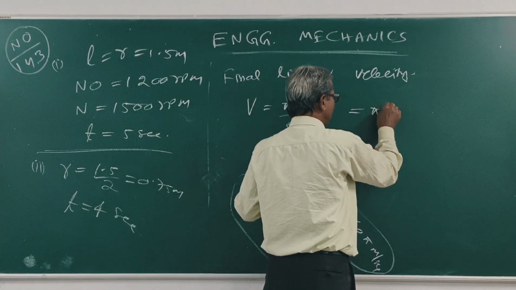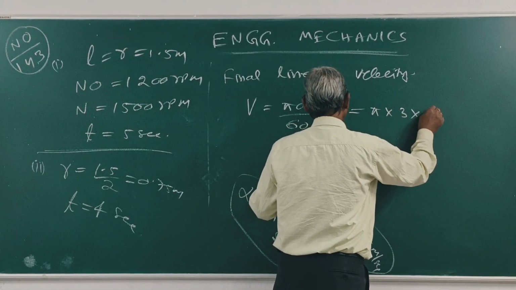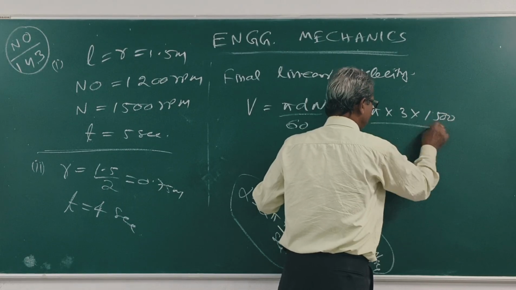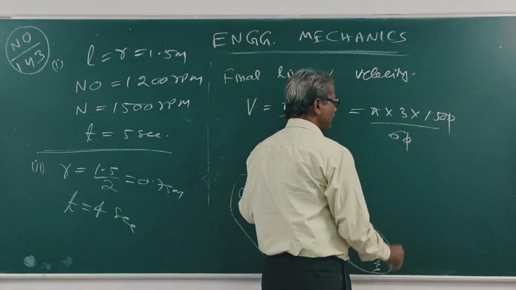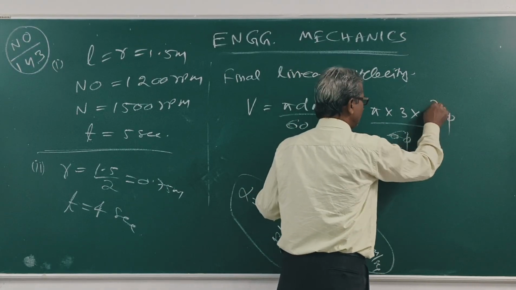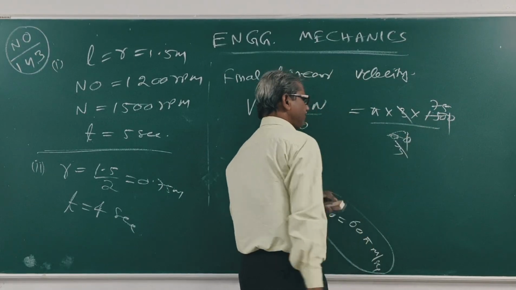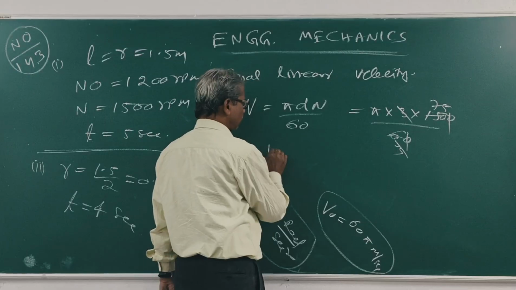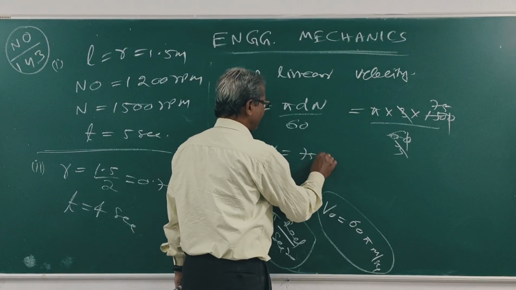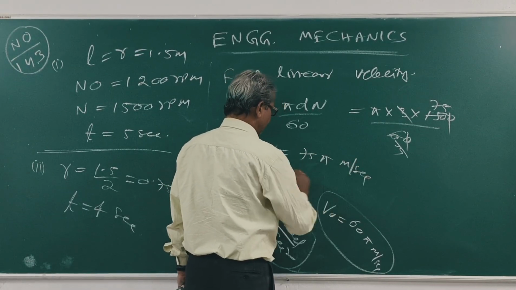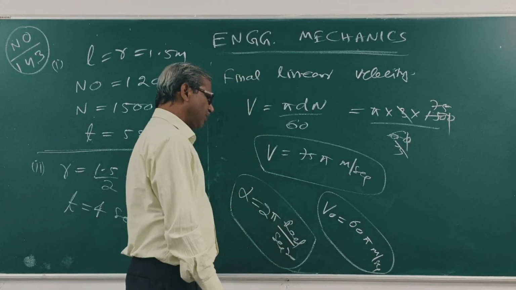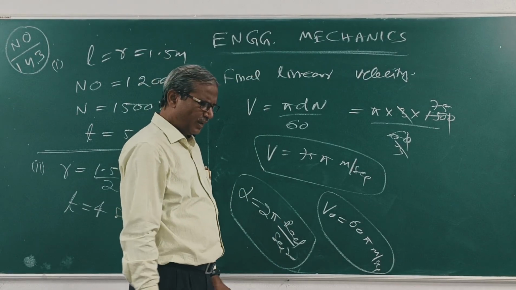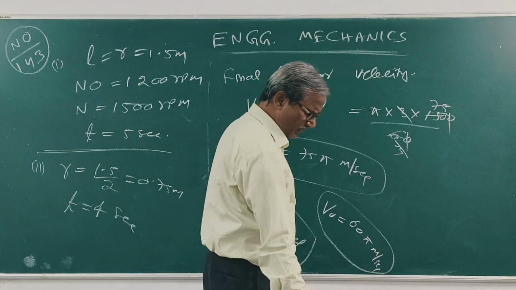So pi into 3 into 1500 by 60, that is 25, 3 into 25 is 75. So v is equal to 75 pi meter per second. So we have v0, v and alpha.